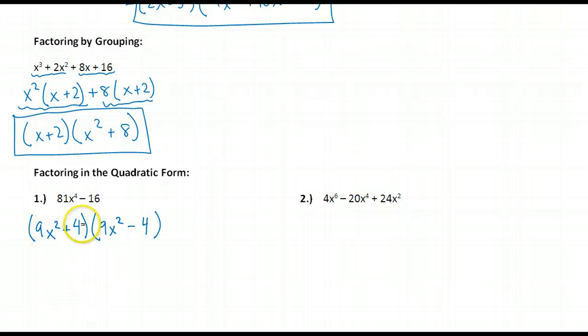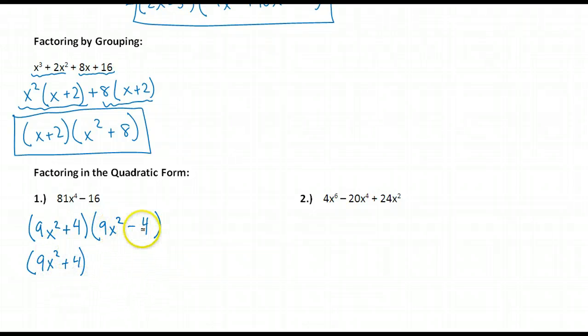If I look, now I have a quadratic binomial and a quadratic binomial. I can't factor this quadratic binomial anymore because of this plus sign, so I'm going to leave it 9x squared plus 4.